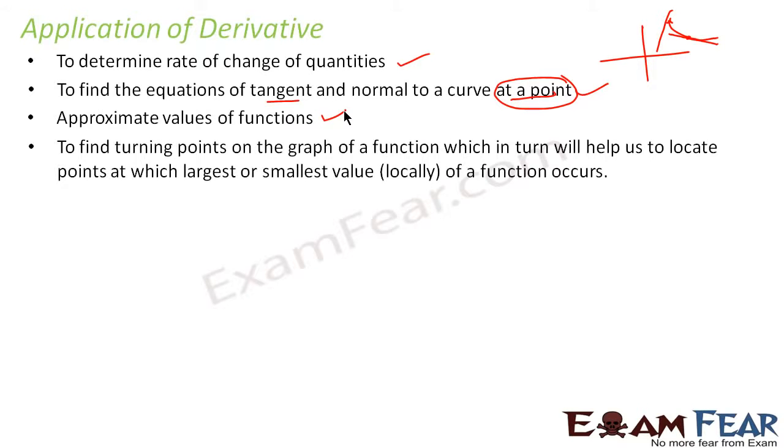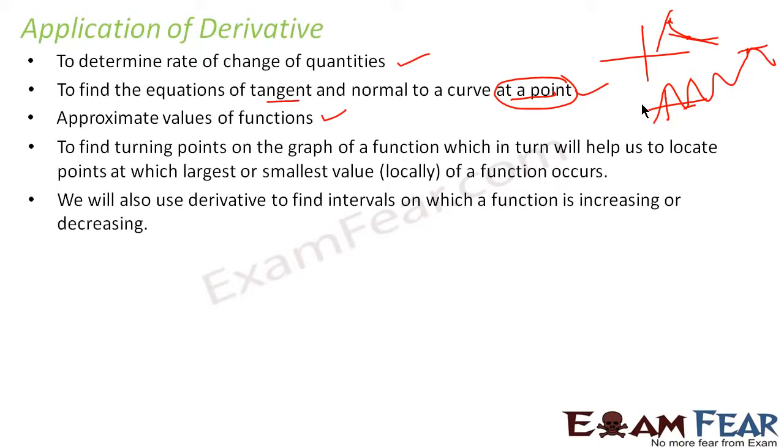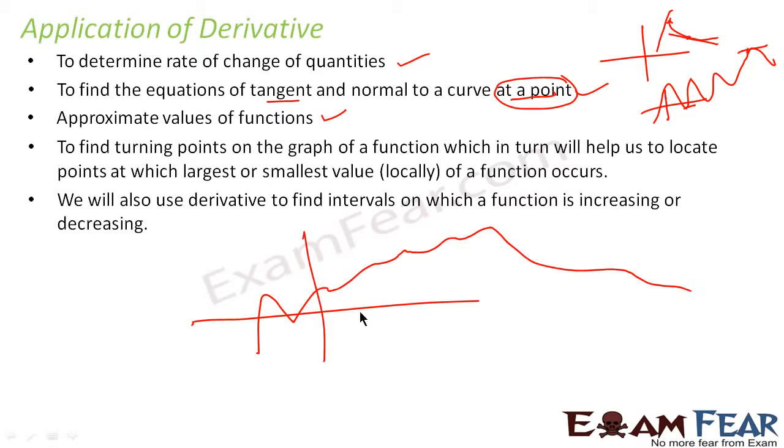It is also used to find the turning points in the graph, and that is used to find local maximum. For example, you have this kind of function and you want to find the maximum value and the minimum value; we can use derivatives to find such values. We'll also use derivatives to find whether the function is increasing or decreasing. For example, this is my graph and this is my function. This function is increasing from this interval to this interval, and it is decreasing from here to here.